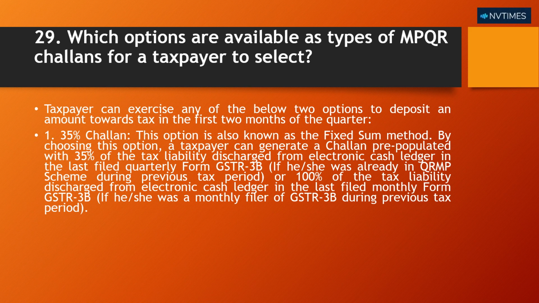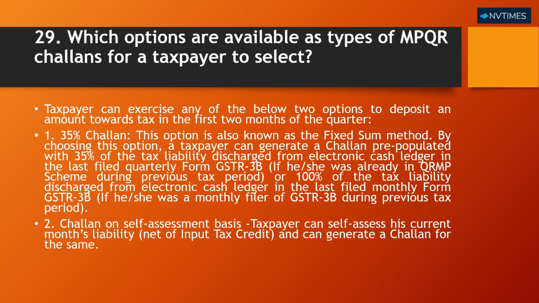By choosing this option, a taxpayer can generate a challan pre-populated with 35% of the tax liability discharged from electronic cash ledger in the last filed quarterly Form GSTR-3B, if he/she was already in QRMP scheme during previous tax period, or 100% of the tax liability discharged from electronic cash ledger in the last filed monthly Form GSTR-3B, if he/she was a monthly filer of GSTR-3B during previous tax period.